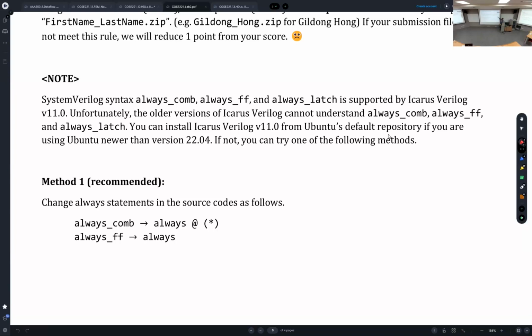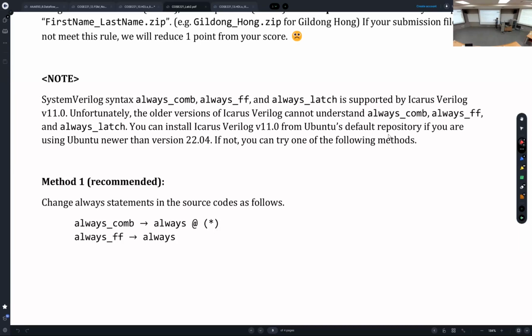If you are using Icarus Verilog version 11, then these statements are supported, so there are no problems. You can use always_comb, always_ff, and always_latch statements.